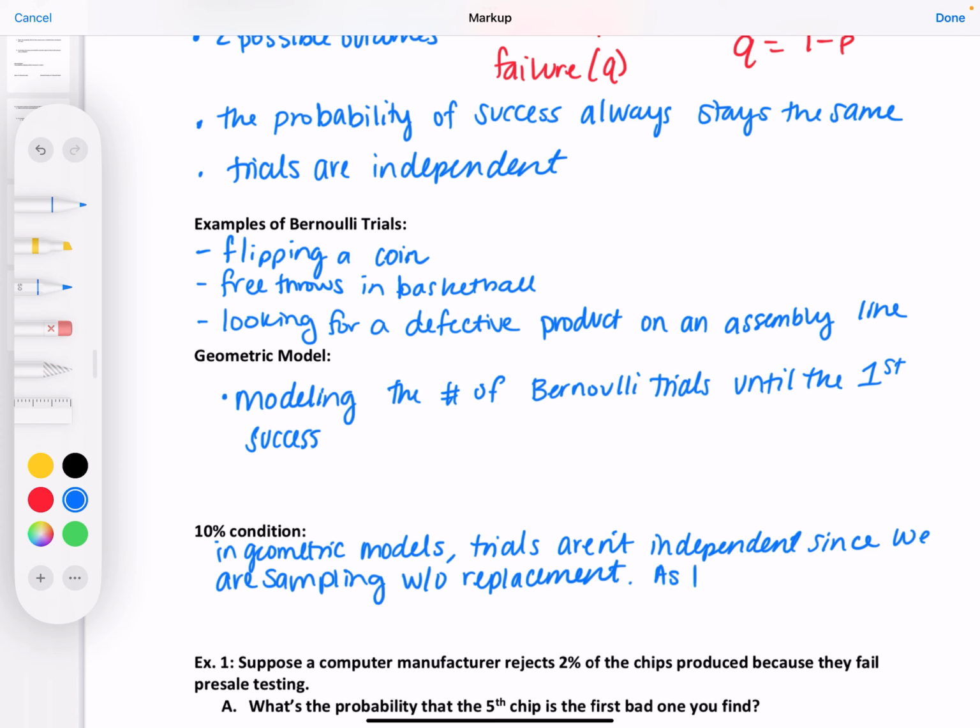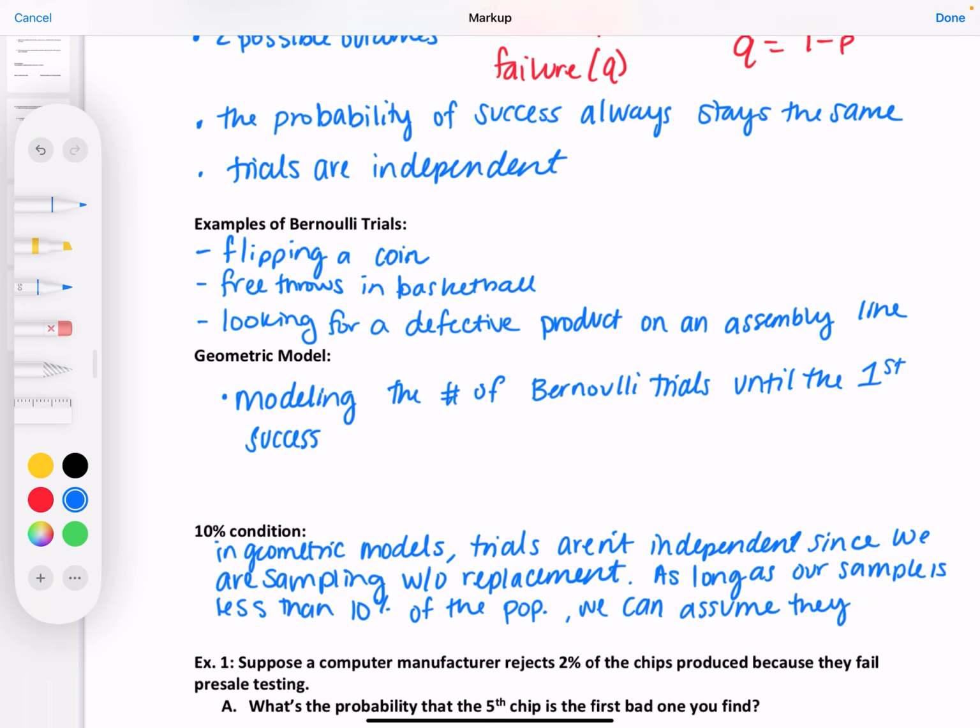As long as our sample is less than 10% of the population, we can assume they are essentially independent.